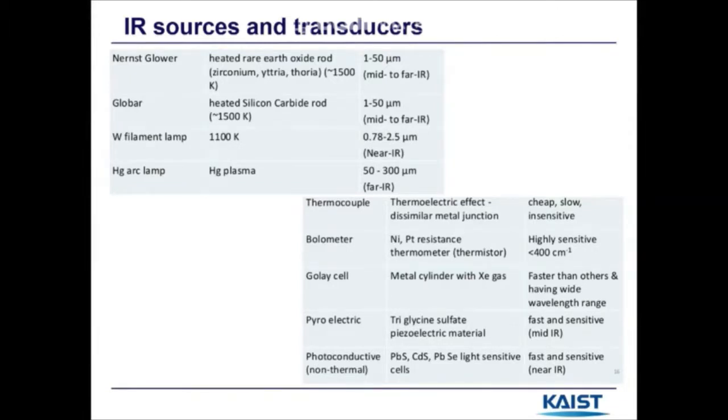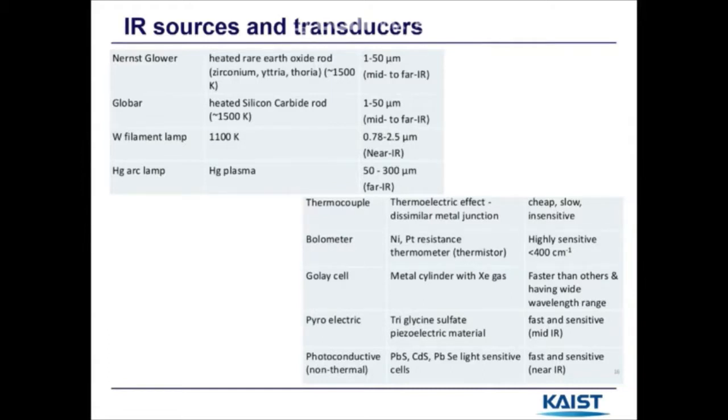At longer wavelengths, the intensity falls off smoothly until it is about 1% of the maximum at 670 1/cm. On the short wavelength side, the decrease is much more rapid, and a similar reduction in intensity is observed at about 1000 1/cm. There are several types of IR sources: Nernst glower, tungsten filament lamp, and mercury arc lamp.